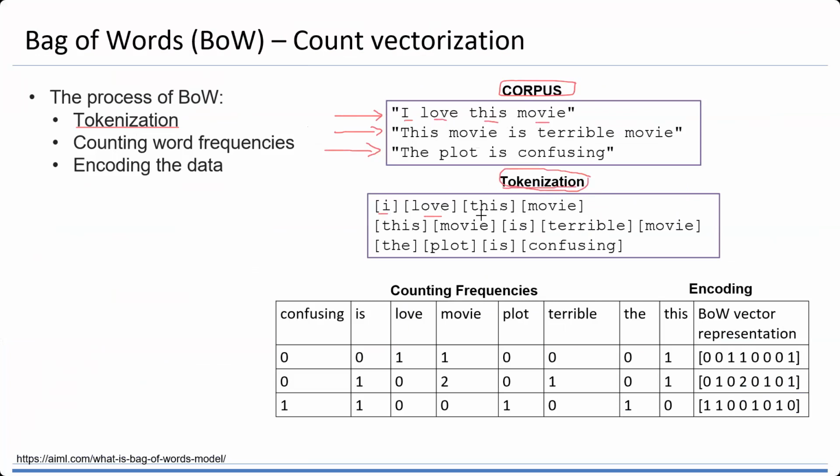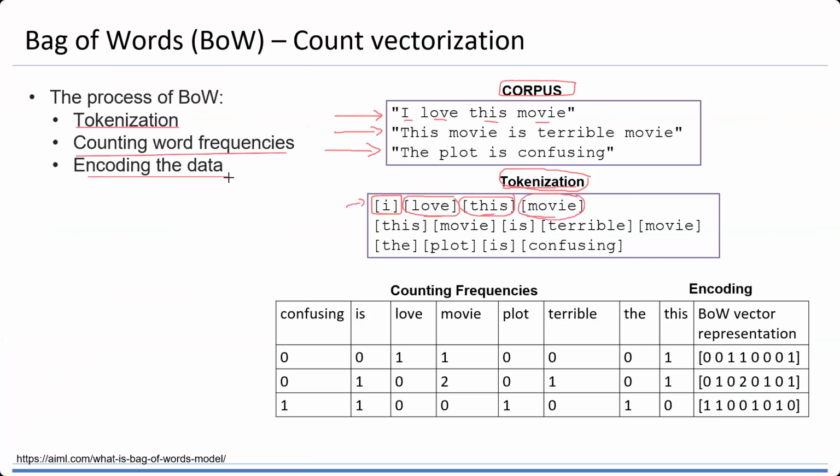I love this movie. So this is one word, this is one, this is one. For every word, we will put it into the word frequencies. So we will count the frequency of every word.